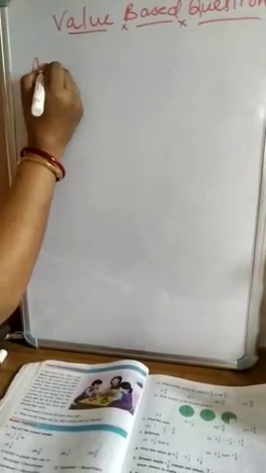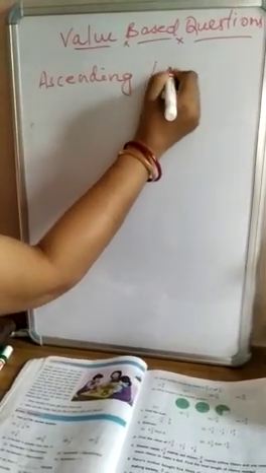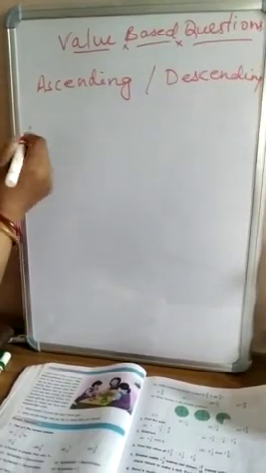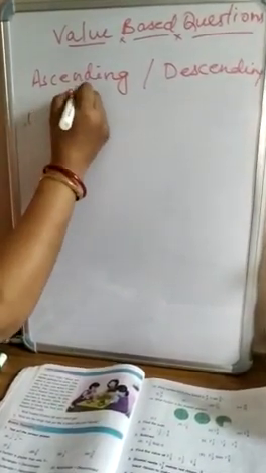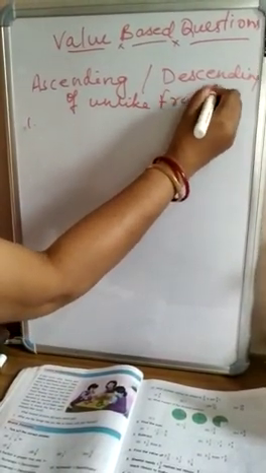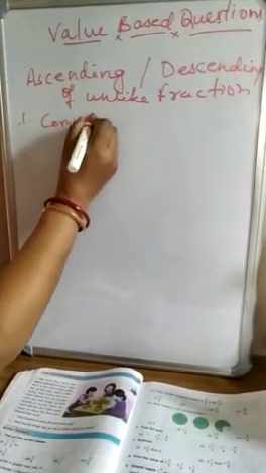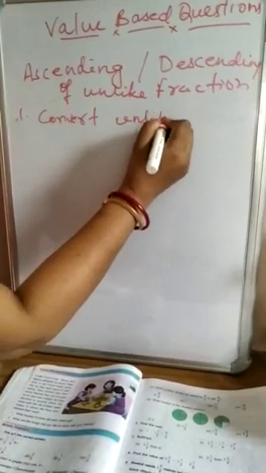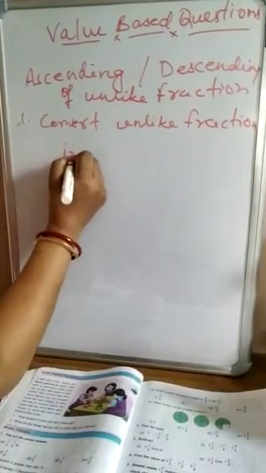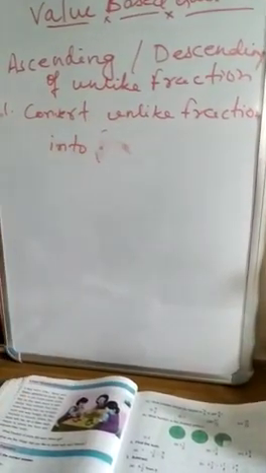So in ascending and descending order, the first step for unlike fractions: convert the unlike fractions into like fractions.